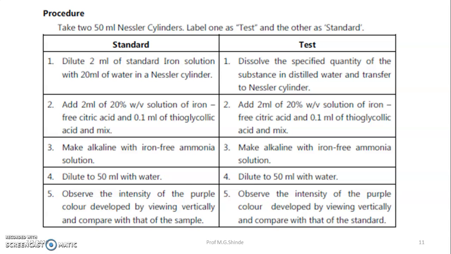So here we can conclude that the given unknown substance passes the limit test for iron. That means it has less iron impurity as compared to the standard, and vice versa. Thank you. We will see in the next part the limit tests for arsenic, heavy metal, and lead. Thank you.